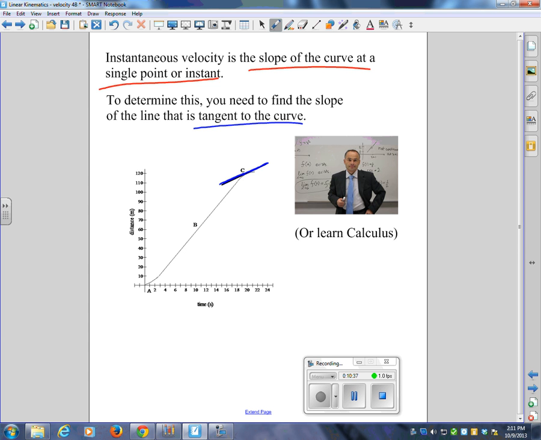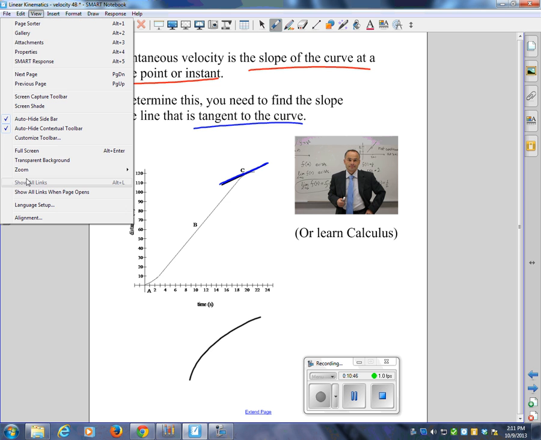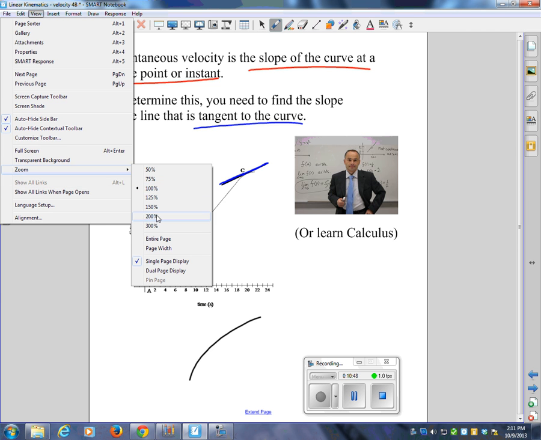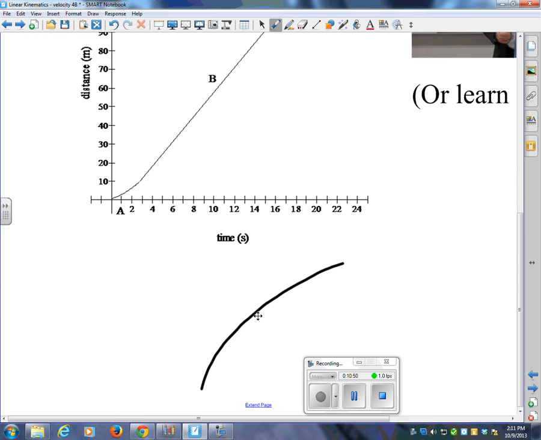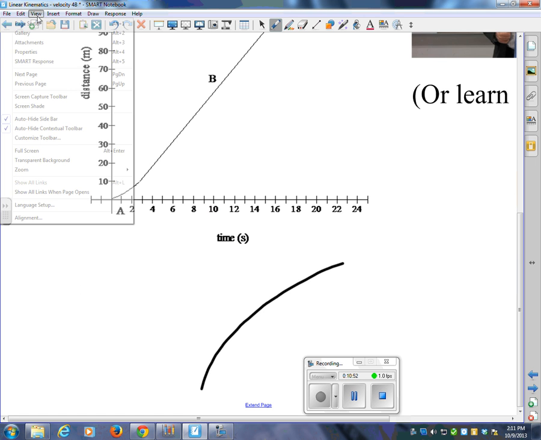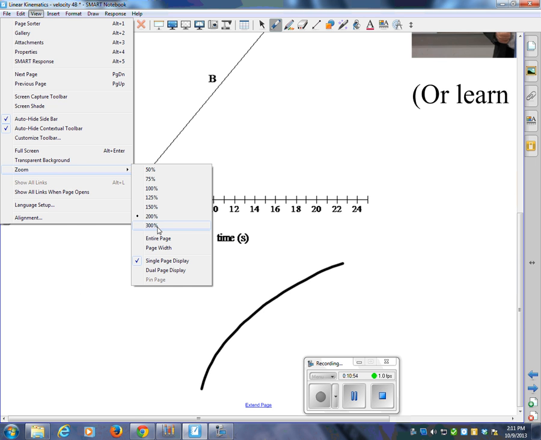For example, just watch for a second, I'll give you a chance to copy down. If I were to zoom in on this curve right here, let's zoom in to like 200%, and then let's zoom in some more, 300%.